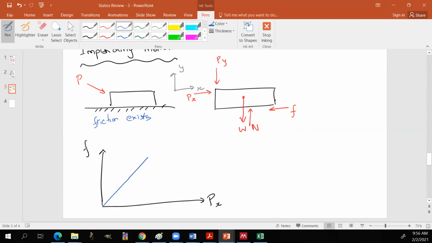How would you express F as a function of Px? Like, what is the equation of this line? F equals Px, right? Whatever the Px is, F is going to be equal to that, such that no motion takes place. Then you go up to a certain value, right? Like that over there, and that is the point at which you say you have impending motion.